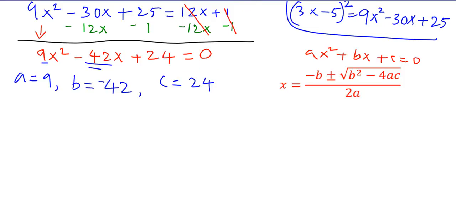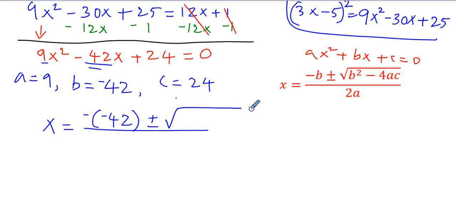Let us substitute the values of a, b, c in the quadratic formula. So x equal to negative b, negative of negative 42, plus or minus square root of b square, that is negative 42 square, minus 4ac. 4 is there in the formula, a is equal to 9 and c is 24.